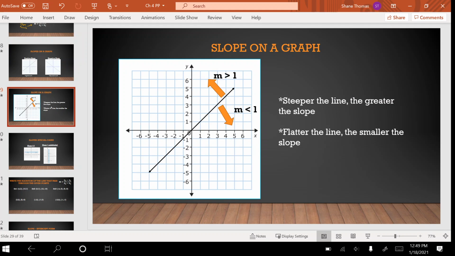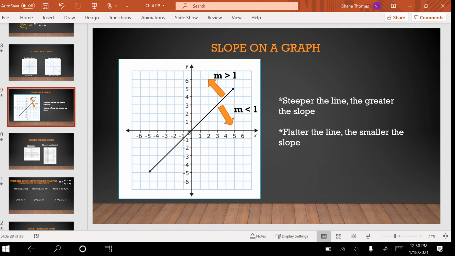This here would be a line with slope of 1. That line has a slope of 1 in this case. That's the angle that line is climbing, how fast it's getting bigger. The steeper the line is, the greater the slope. So if this is 1, like I said, 2 would be something like this. 4, 5, and as you get steeper, as you get higher in number, it gets steeper.